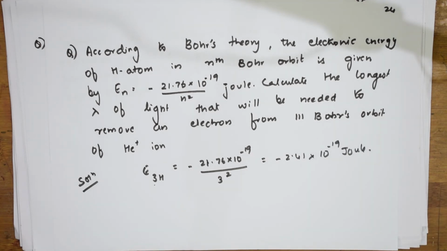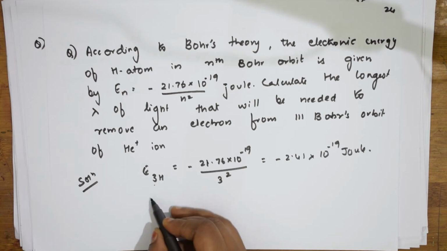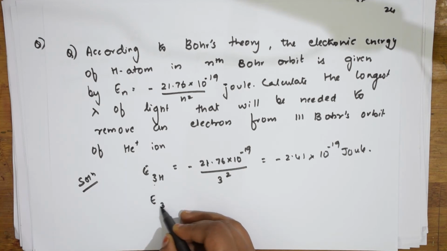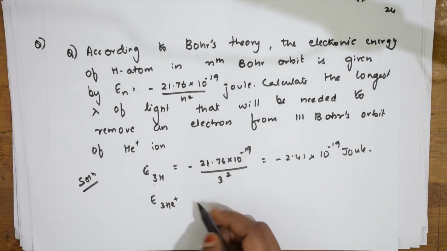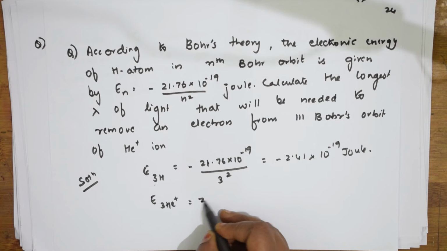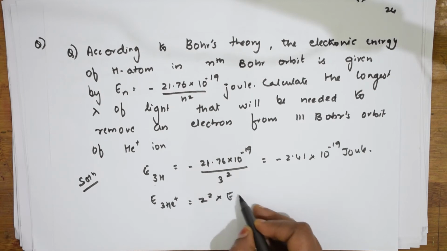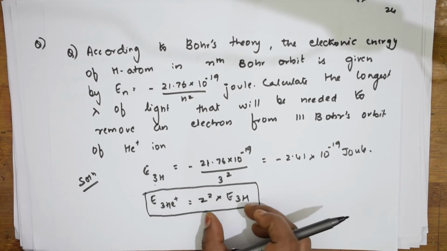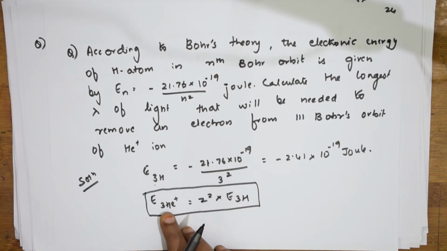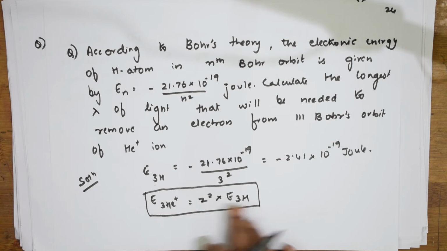Fine. So now what did they give me? They said I need to compare E3 of helium, third Bohr's orbit of helium, which is equal to Z square into E3 of hydrogen. This is important. This is a formula actually, but what we did is we are comparing, because the question demands comparing between helium and hydrogen. Here your Z is nothing but atomic number.